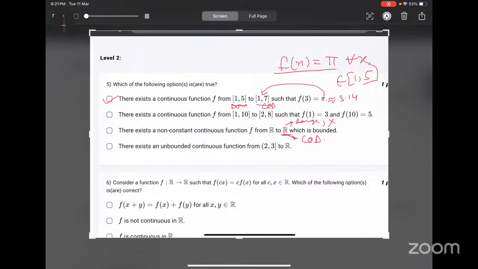But if R is a codomain, then there are some examples of such a function. But when we don't have any clue whether the second R is range or codomain, it can be either. In that situation, we can't guarantee that we can always define a non-constant continuous function from this to this which is bounded. So this option will be incorrect. Okay.